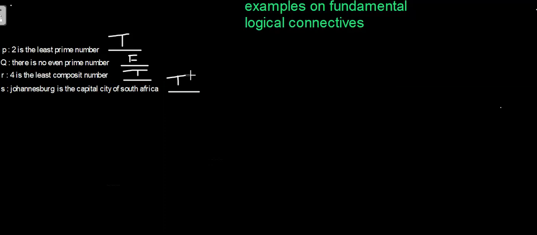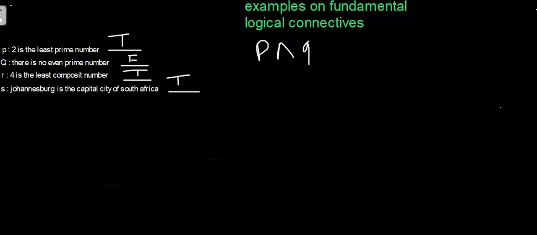Okay, so the first example. We've got to start with some simple examples, and that's the reason this one is so easy. This one says P and Q. As I told you in the previous video, this sign indicates 'and', also called conjunction.